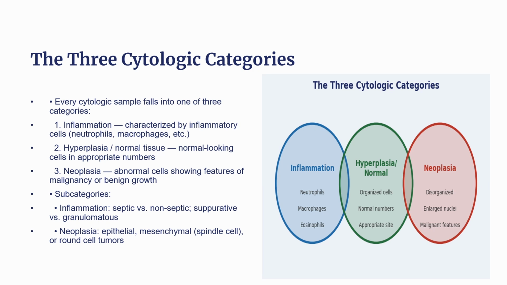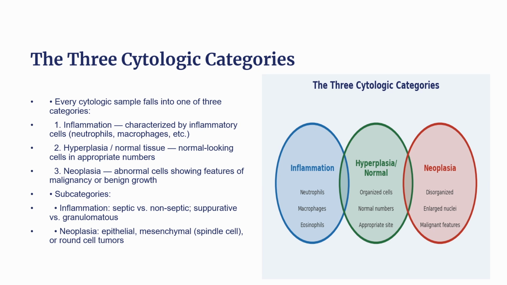Every sample you look at will fall into one of 3 buckets. First, inflammation. You'll see lots of immune cells responding to something: bacteria, a foreign body, a fungus, or a sterile inflammatory process. Second, you might see hyperplasia or normal tissue. The cells look fine, they're just present in large numbers or were sampled as a normal structure.